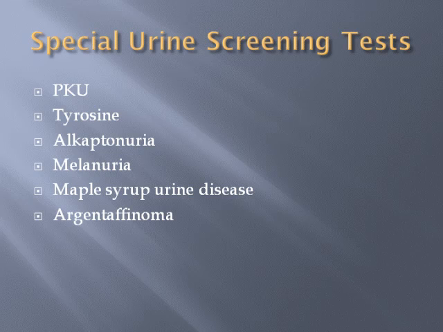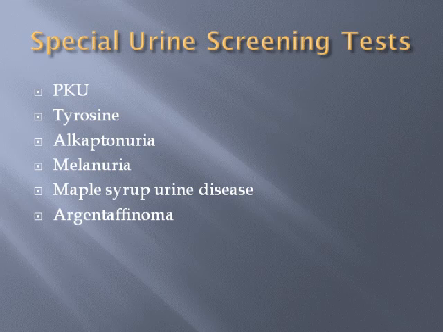Alkaptonuria is a genetic defect resulting in failure to produce homogentisic acid oxidase, and then you get an accumulation of homogentisic acid in your blood and the urine. You will find that the urine turns a brown color, and the condition usually leads to liver disease, cardiac problems, and so on and so forth.